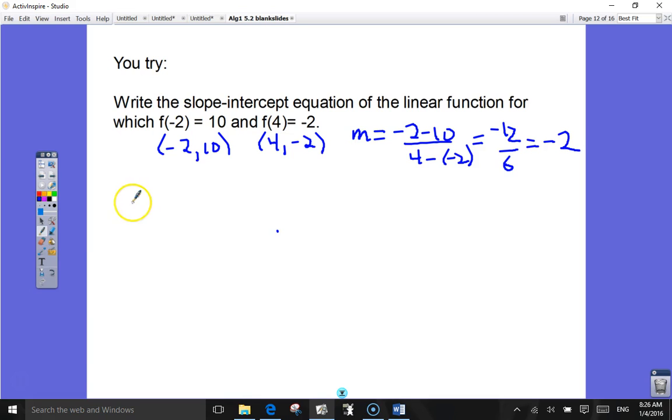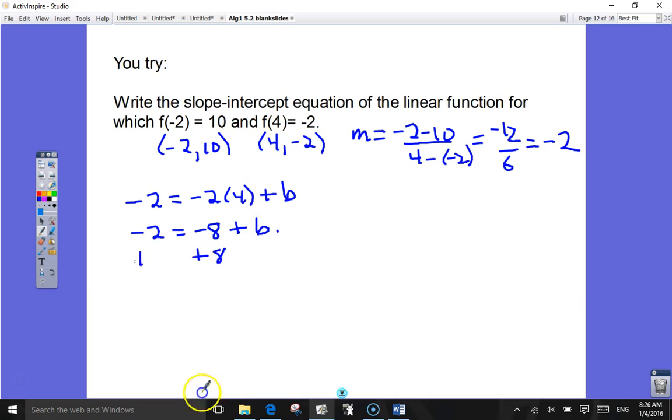B is 6. So, okay, you're not done though until you write it. -2x plus 6.